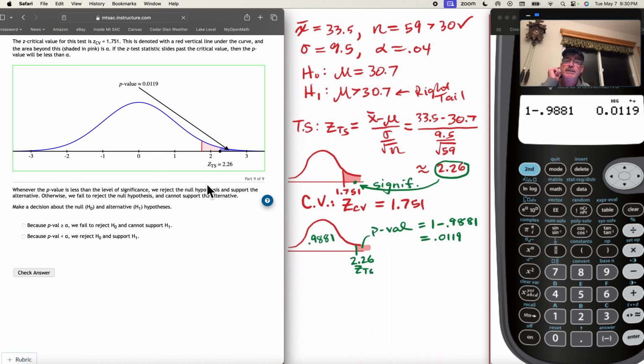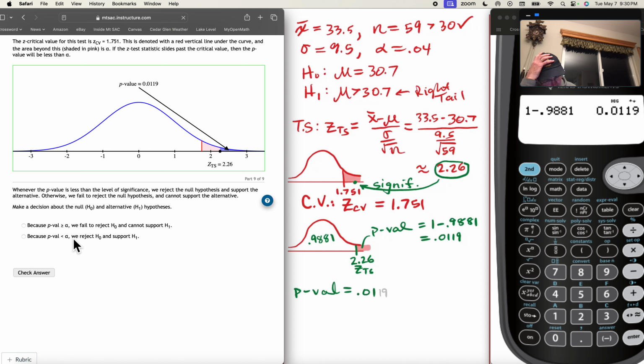Okay, so as we said, whenever the p-value is less than alpha, we reject the null hypothesis and support the alternative. So here our p-val, let me put this down. I'm just going to give you 2 digits in green, and then I'll obscure the rest by writing in gray. So 01 and then a very faint 19.